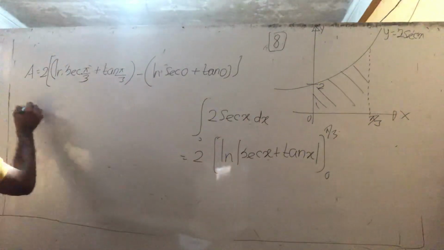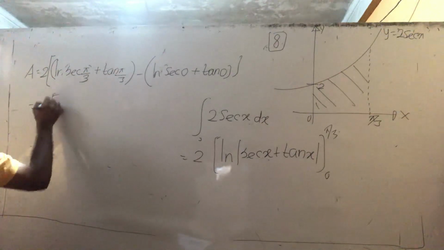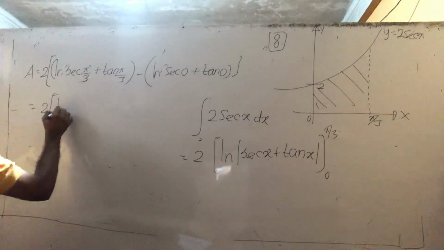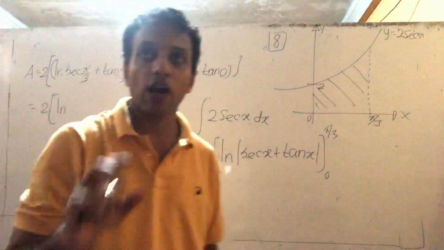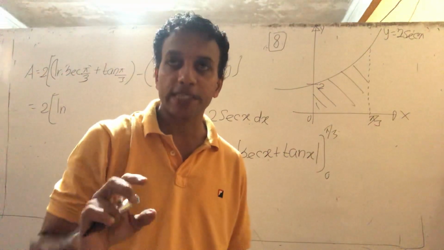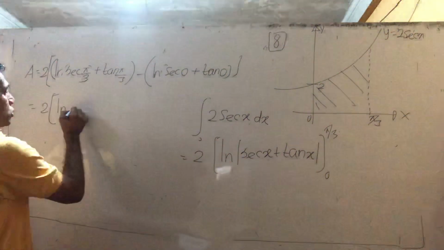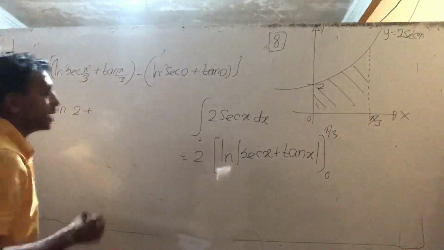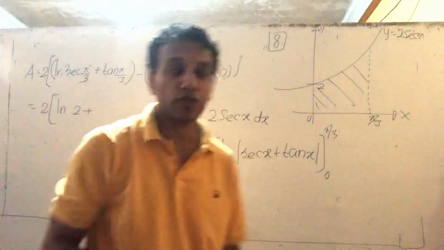So what is the answer? 2 into log: cos pi by 3 is half, therefore sec 60 is 2. Log 2 plus tan pi by 3, tan 60 is root 3.